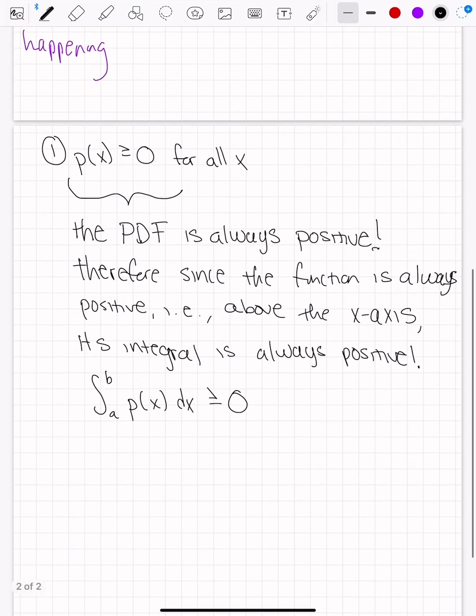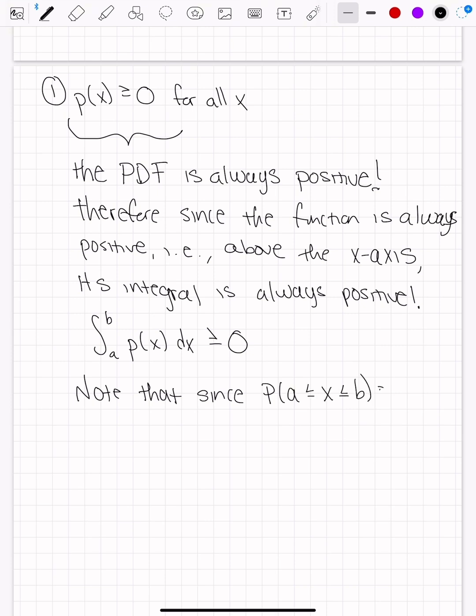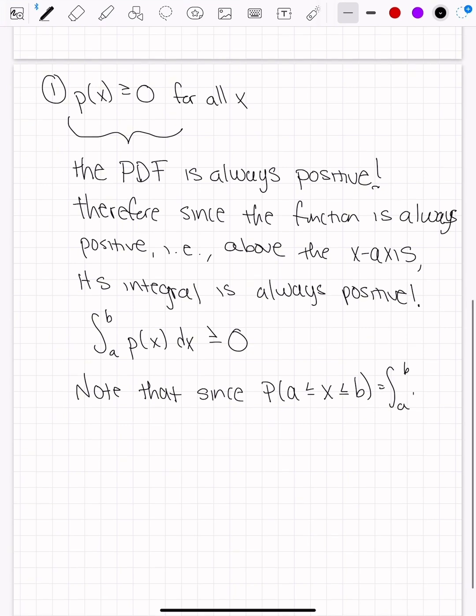And then it's so important to combine this with the third property on the worksheet, right? Because note that since the probability itself, the probability that x lies between a and b, is equal to that integral of p of x, we also get that the probability is always greater than or equal to 0, which is how we defined probabilities to begin with.